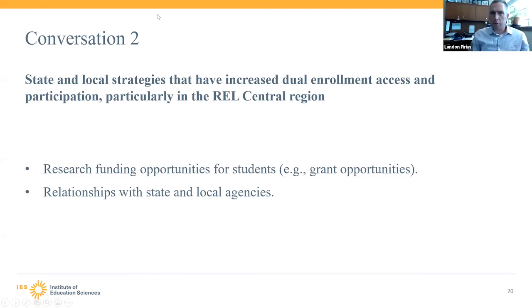So as John mentioned, I'm from the state of Colorado, and while we have dual enrollment in the state, concurrent enrollment is by far the prevalent method, and that's largely because it's in statute.